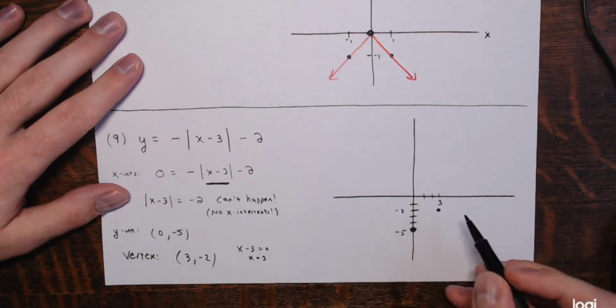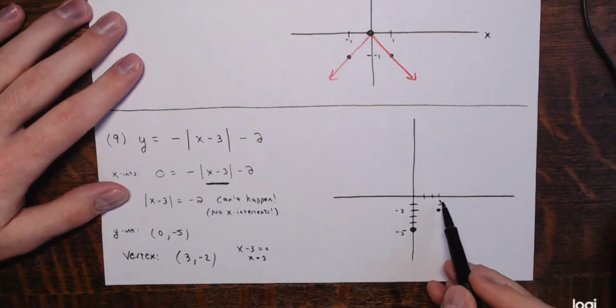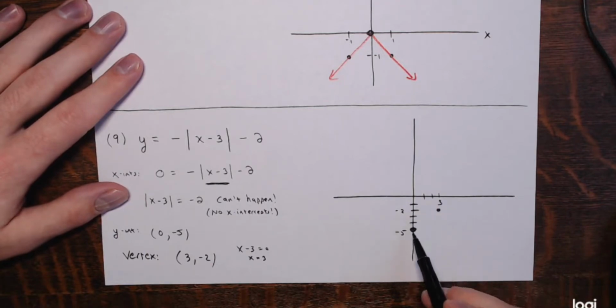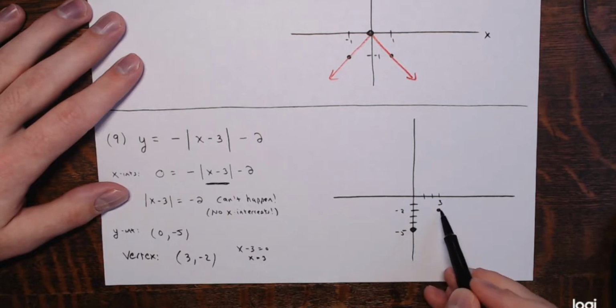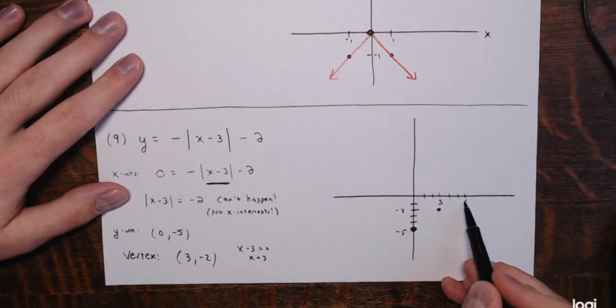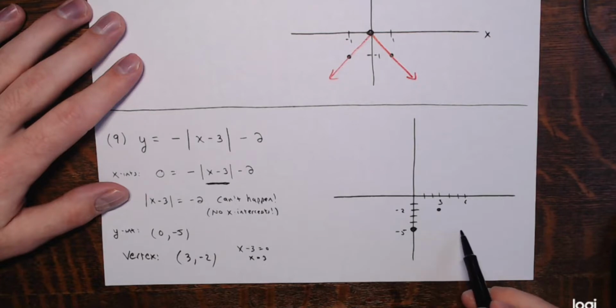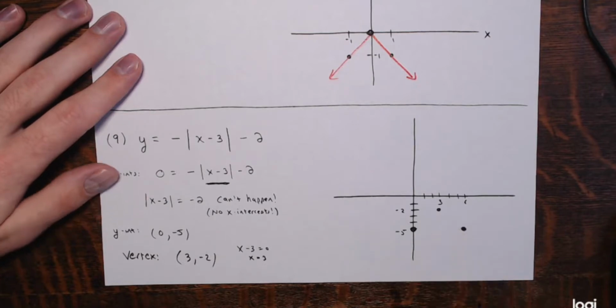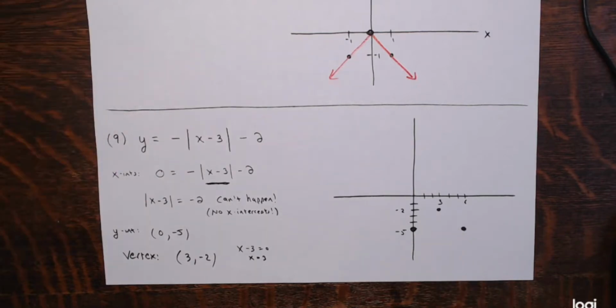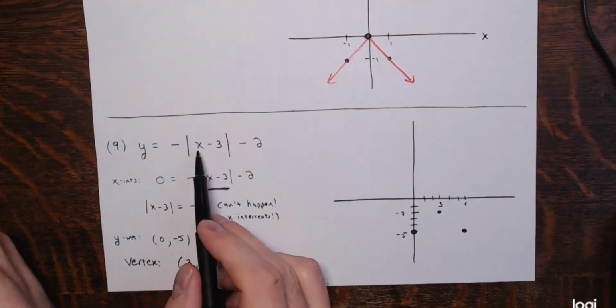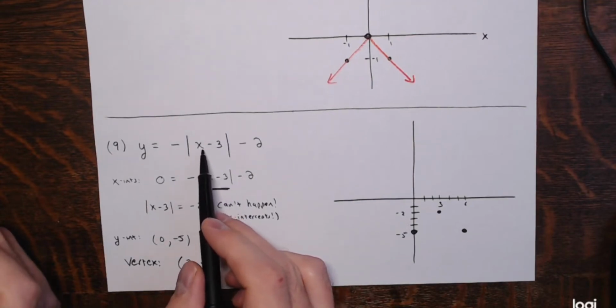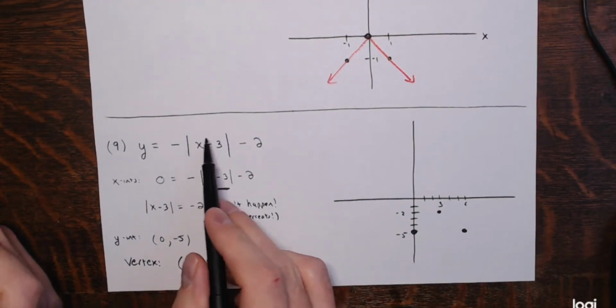And then I can use symmetry. From the vertex, I go left 3, down 3 to get to this y-intercept. So I go on the other side, the same thing. Right 3, down 3. Plug in 6. You should have 6, negative 5 as well. And check it out: if I replace x with 6, 6 minus 3 is 3. Absolute value of 3 is 3. Then you have negative 3 minus 2 is negative 5.